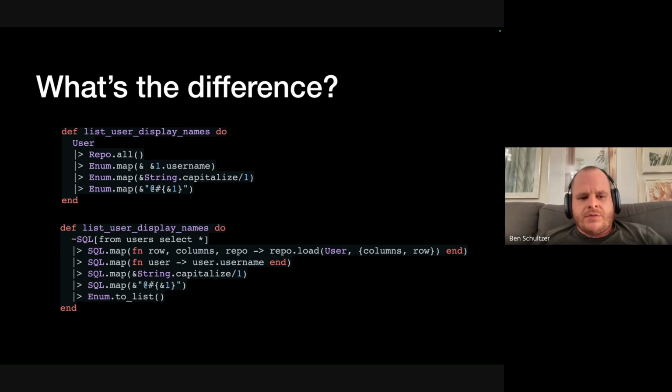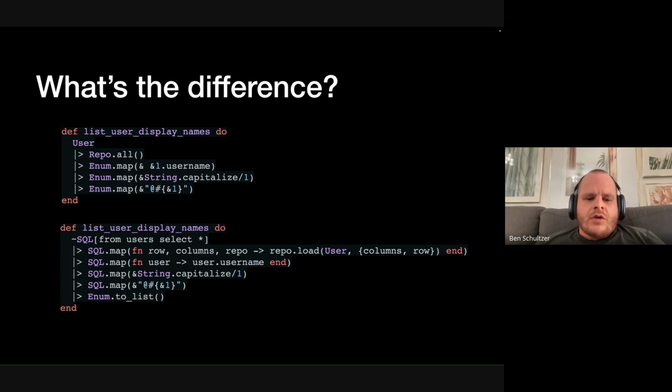That's the idea here: keep SQL, and then keep your transformations in Elixir. I'm sure you all have used Ecto select, which can be a weird one, because not only can you transform the result set in SQL, but you can also transform what comes out the other end.